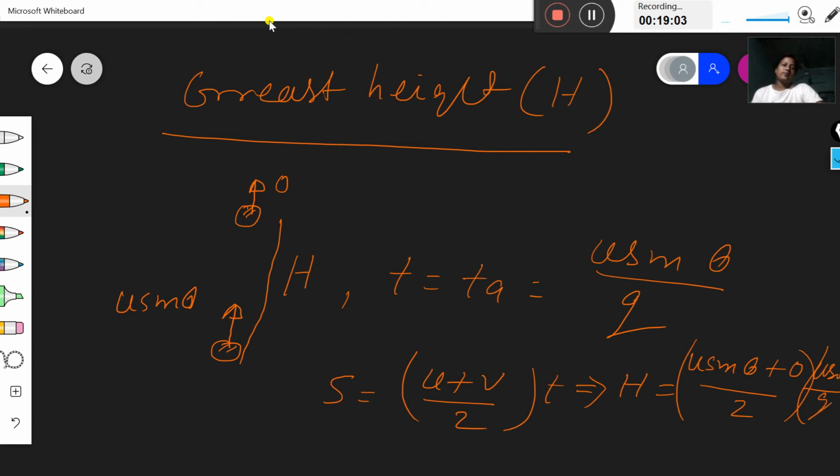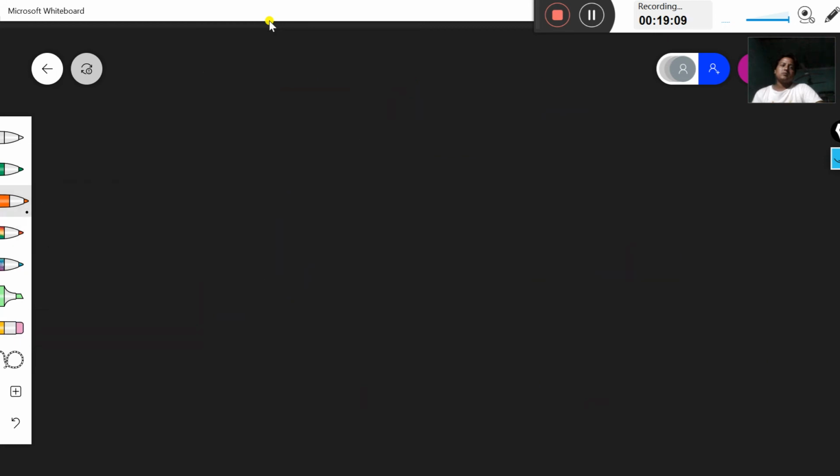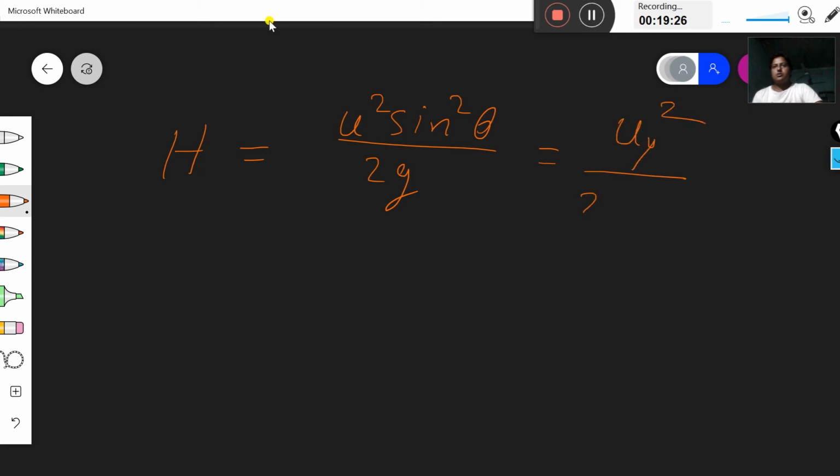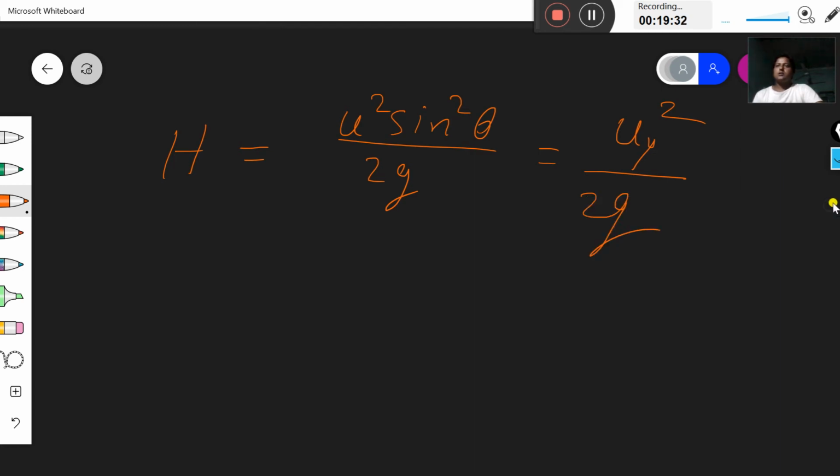So greatest height comes out to be u square sin square theta over 2g, or uy square over 2g. This is the formula for greatest height.